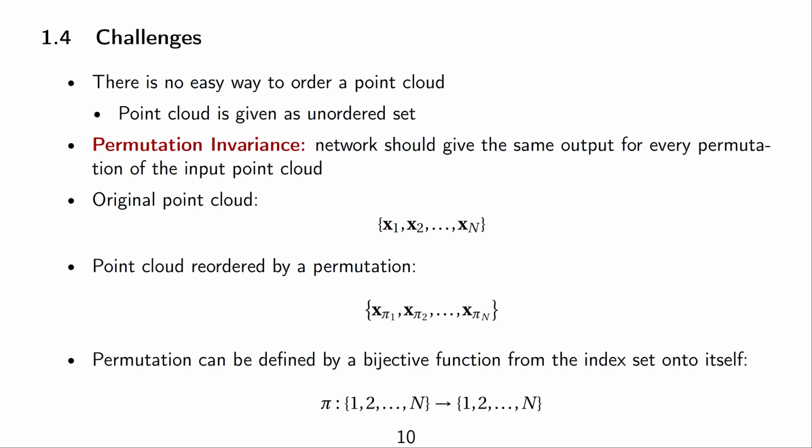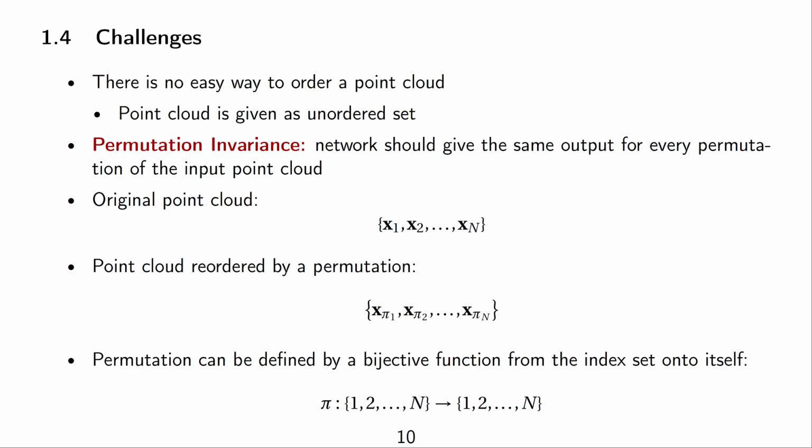To start with any type of successful processing, the people that looked at this first, or at least had the first major breakthrough, said, let's start with some neural network that really processes a list of points.